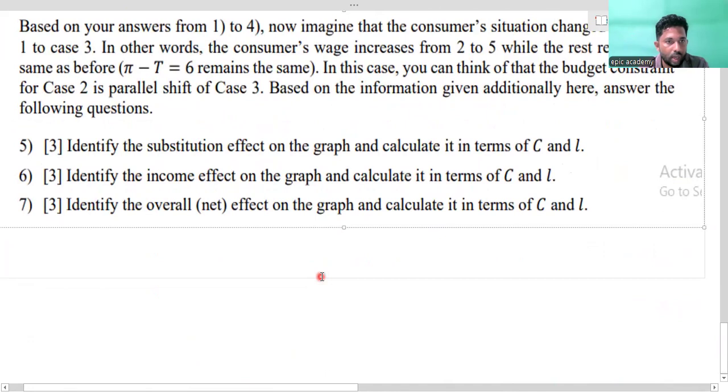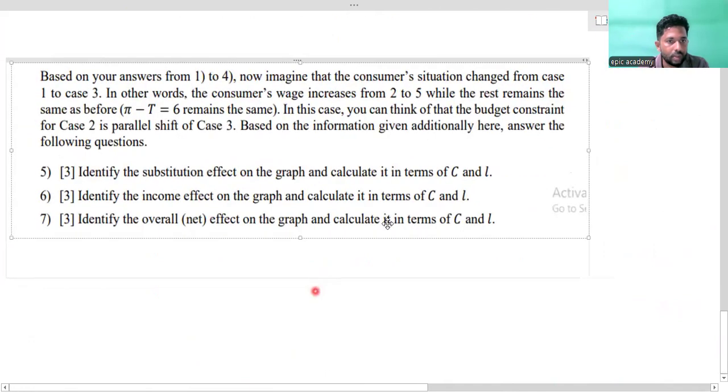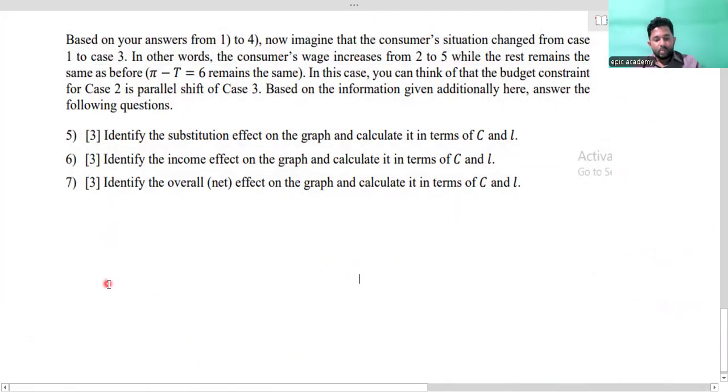First of all, we are going to identify the substitution effect. What is the meaning of substitution effect? We are going to substitute the commodity already taken. We are going to substitute apple for orange, and orange for apple. It can be changed, right?